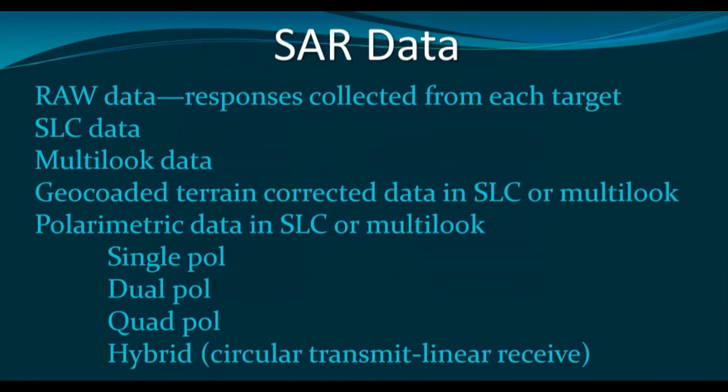So, next is the SAR data. What kind of data do we get from the SAR? First of all, the raw data. Generally, end users like us do not procure raw data.